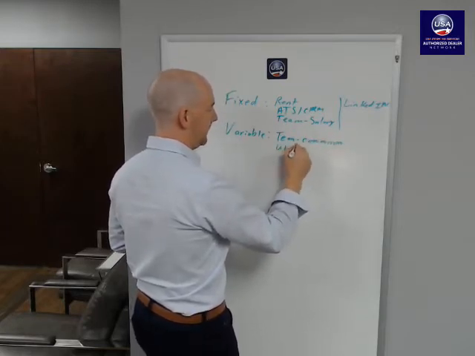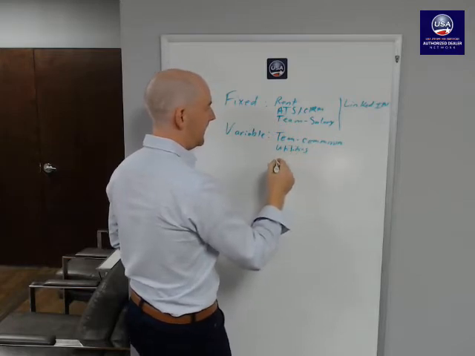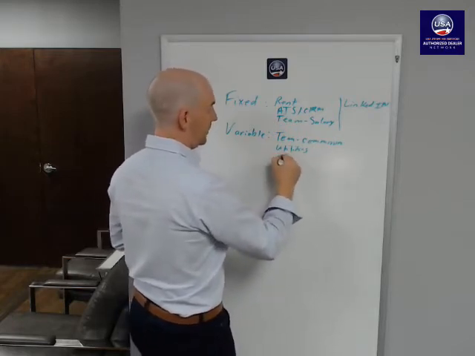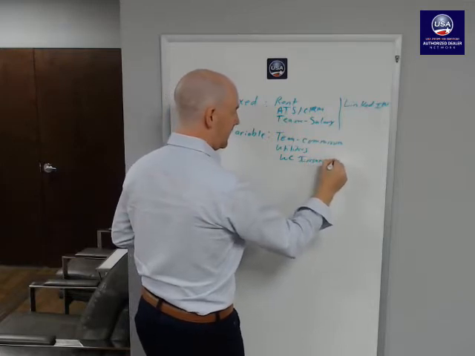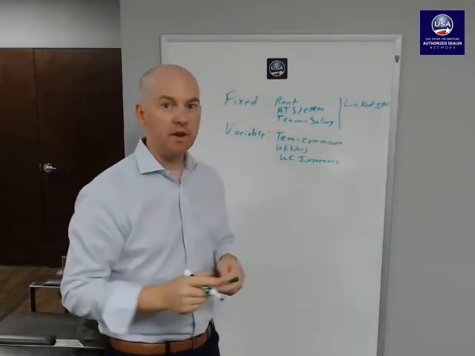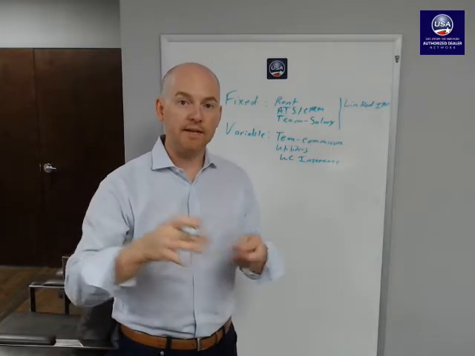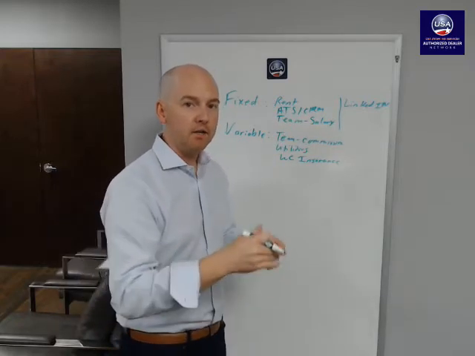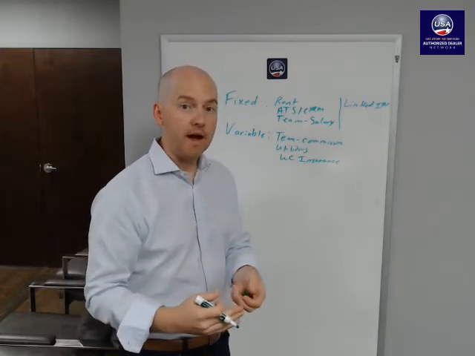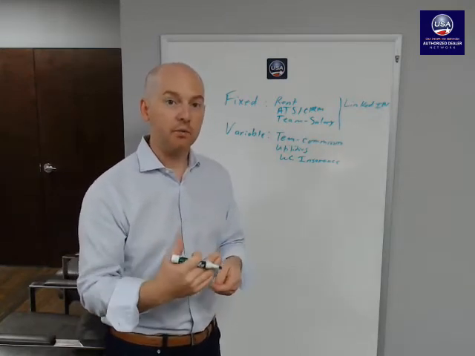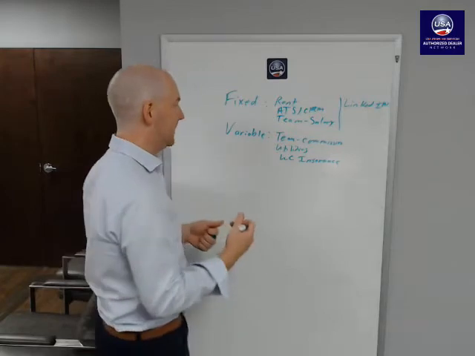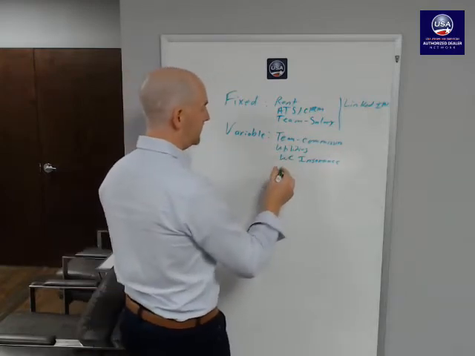Utilities typically, and then workers' comp insurance. You have to prepay workers' comp for the entire year, but at the end of the year it's an audited policy, which means if you didn't have enough salary, you're actually going to get a refund of the money you paid. So workers' comp would be a variable expense.